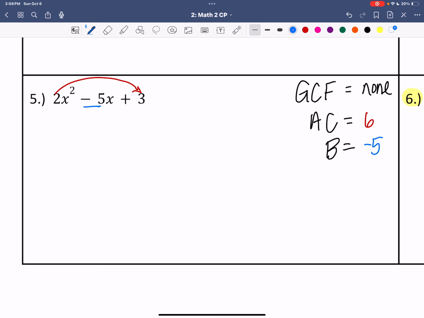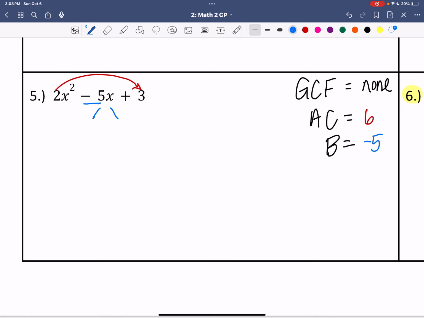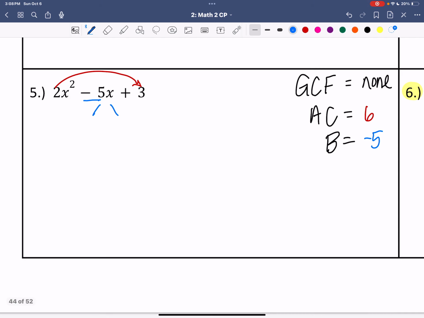So in this case, -5 can be broken apart into -3 and -2. And then I'm going to bring the rest down.